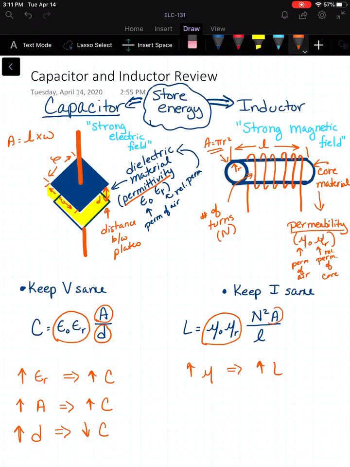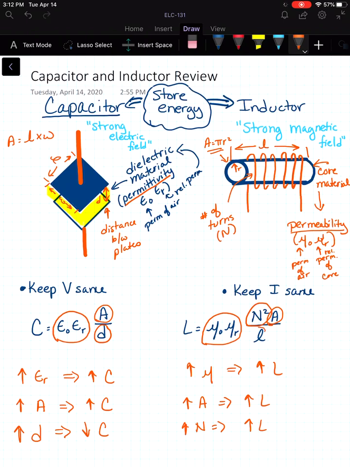And then the area, the wider or thicker that core material is, and that coil around it, the stronger the magnet as well. The number of turns, we actually square that in our equation. So the number of turns is very important, and the more tightly wound that coil is, the more coils that you see, the greater the inductance.